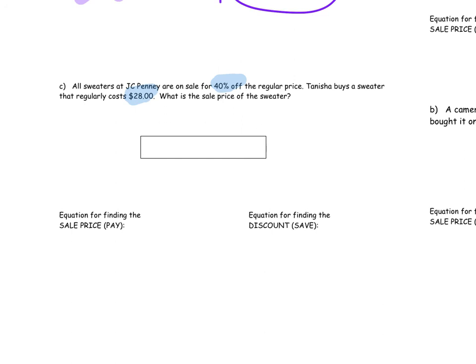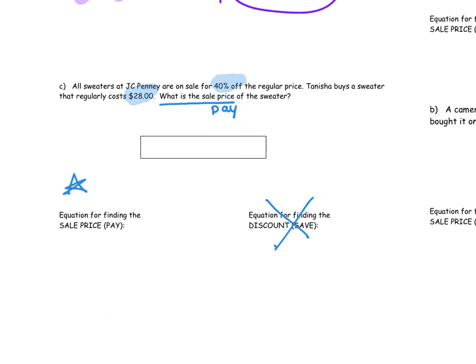And then they ask us, what is the sale price? Now, I need you to make sure that the sale price is the amount that we're going to pay. Sometimes they're kind enough to say pay or save, but other times they use the words sale price for pay or discount for save. So that means you're not going to have to do this equation. You only need to do this.